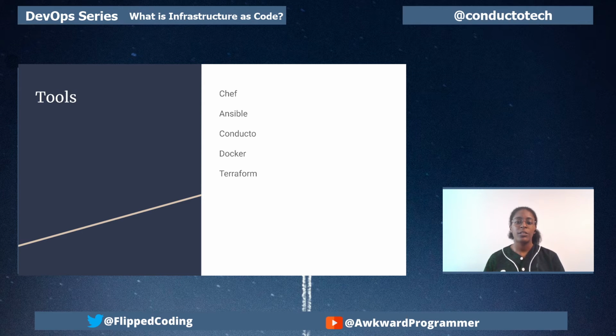Then you come down the list to things like Conducto and Docker and Terraform, which have more to do with your application code getting to production on those servers you've just provisioned and spun up in maybe AWS or Azure, Heroku, Google Cloud, whichever cloud provider you use. This is the start of how you automate updating those servers.